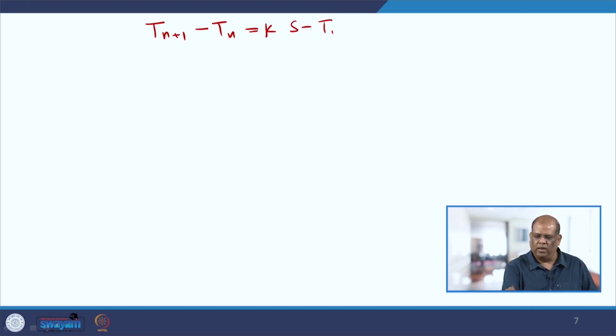So, let us start with Newton's law of cooling, which says T(n+1) minus Tn is k times the difference between the surrounding and the temperature. If I put n equal to 0, I get T1 minus T0 is k times (S minus T0).